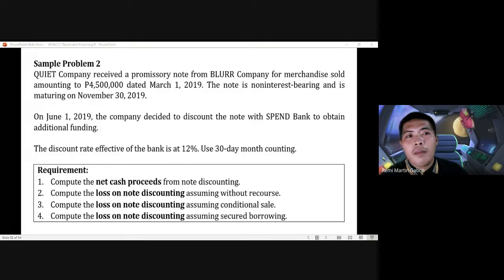Hala, Miss Kayla, bakit mababa masyado yung net cash proceed? O nakakaiba-iba sa net cash proceed. Sige. Sige, tulungan ko muna kayo. Sa maturity value, compute muna ang maturity value. Magkano maturity value natin?